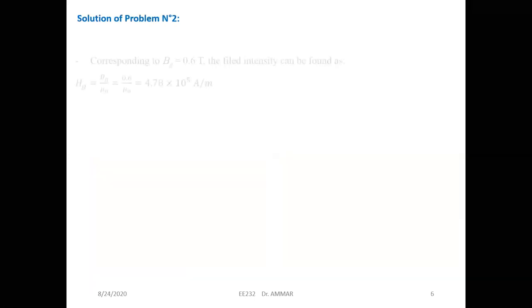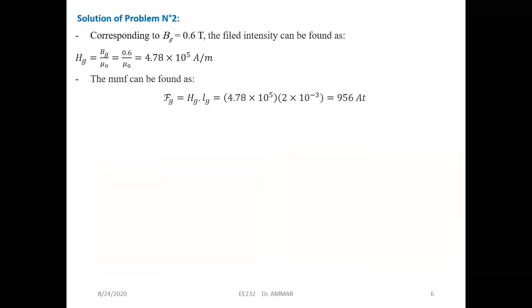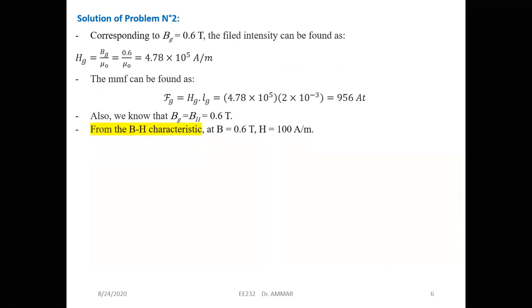Now we have already found the MMF of the air gap, HG times LG. We also know that the flux density in the air gap and in the core pieces L1 and L2 is equal. So from the BH characteristic, which is given, we can find H corresponding to 0.6.